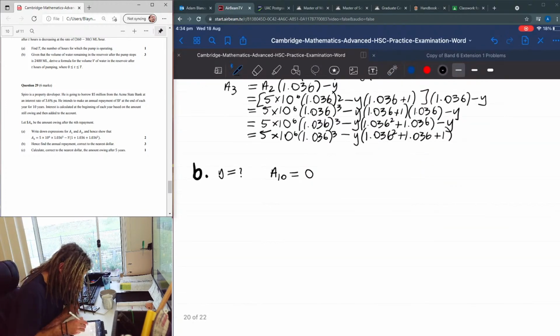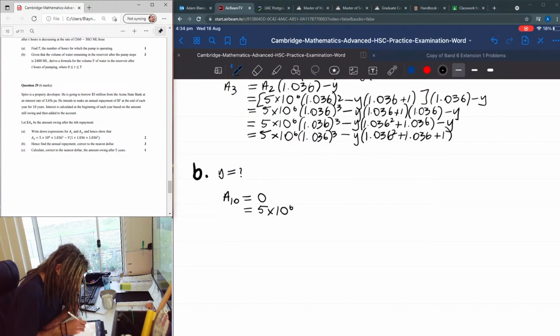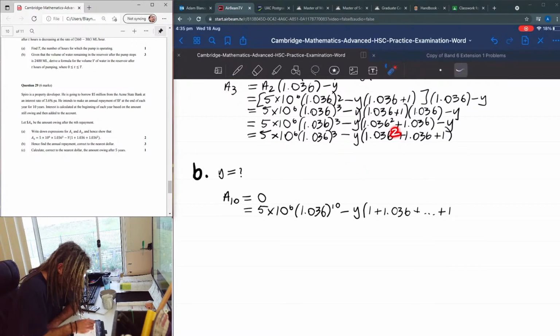So okay, A10 is equal to 5 times 10 to the 6. Let me put this in line. 1.036, I'm copying the line above, to the 10, minus Y outside of, I'm going right backwards, 1 plus 1.036, and this is just going to go up till I get to 1, because that's a 2, and I just have a 3 here.